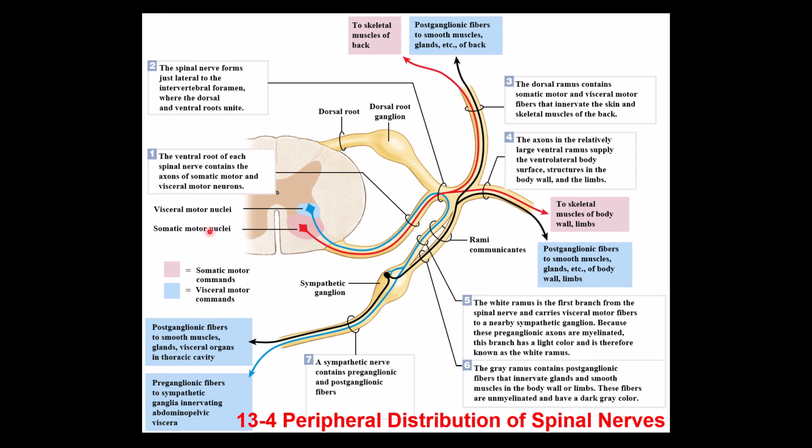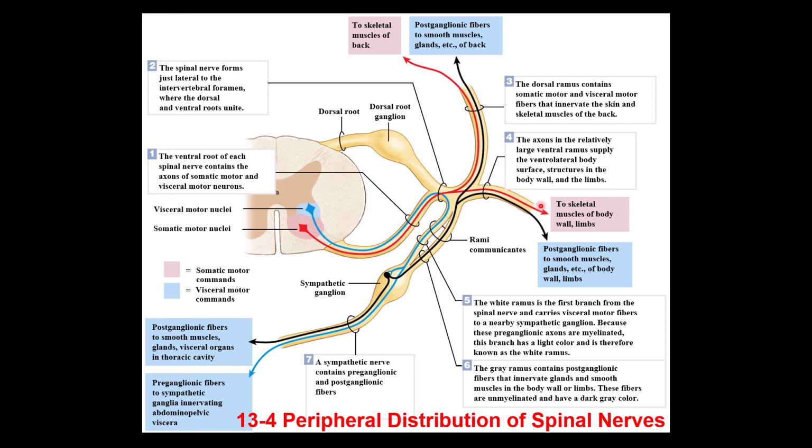Starting with the anterior horn, which contains somatic fibers, meaning it goes to the muscle. The cell body is located here, and it leaves the spinal cord through the ventral root. It goes to the spinal nerve, and then to the ramus.